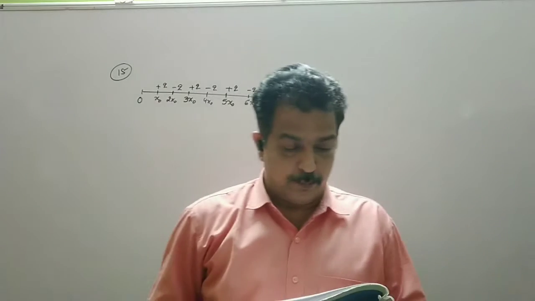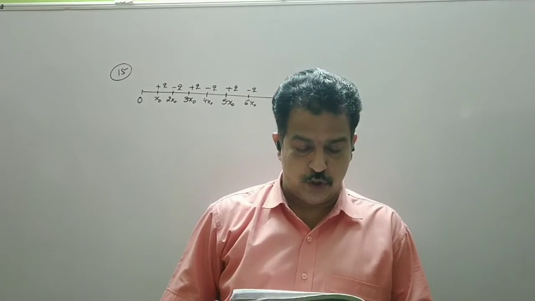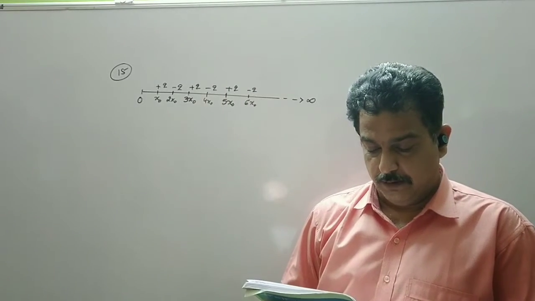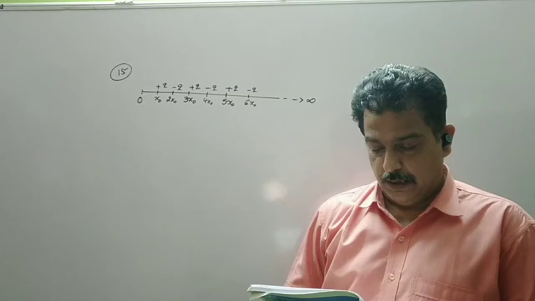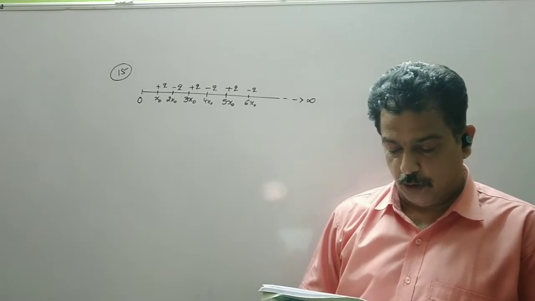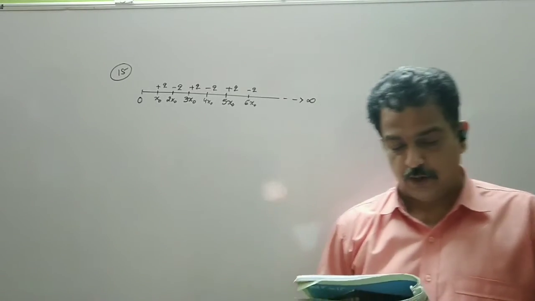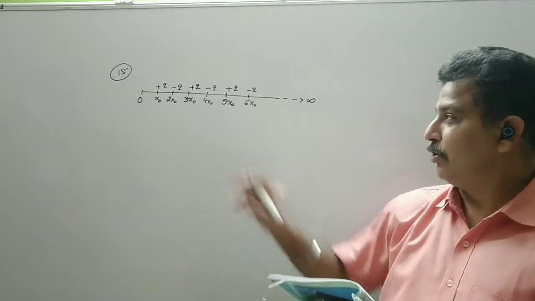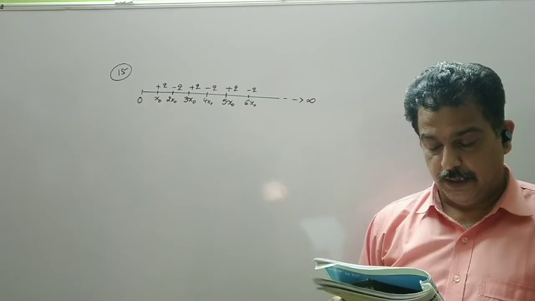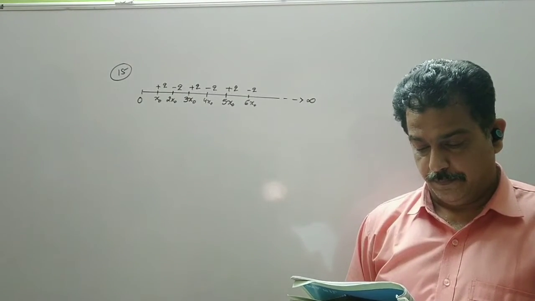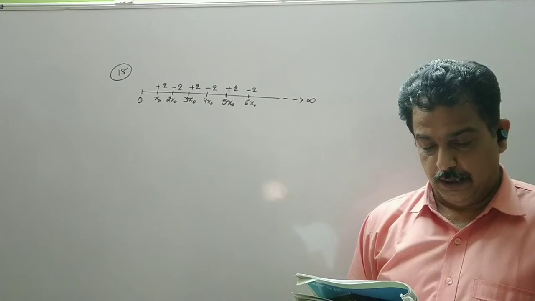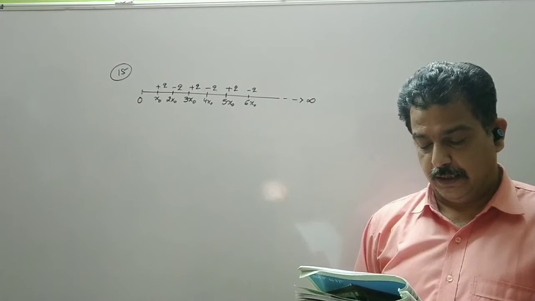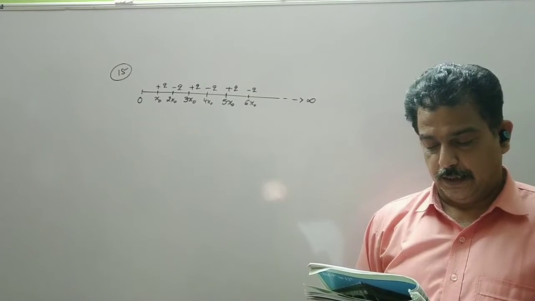Take the potential at a point due to a charge q at a distance r from it to be kq upon r.